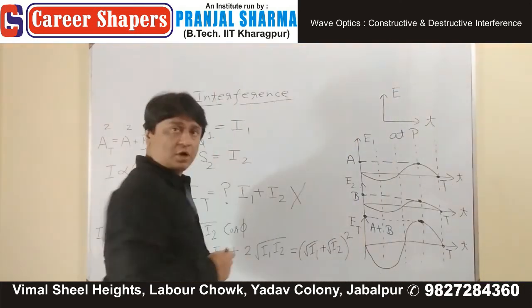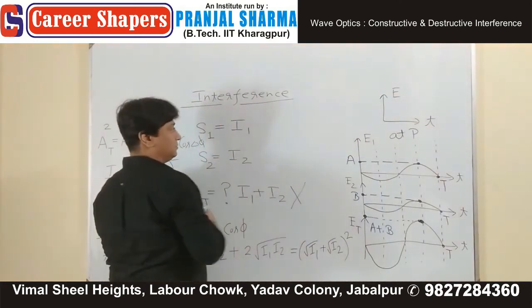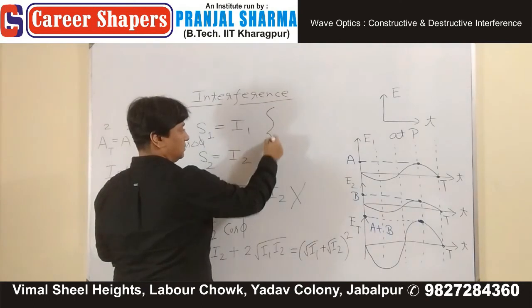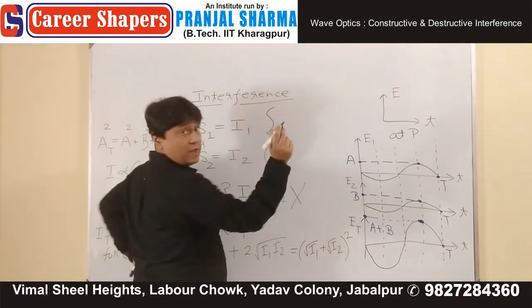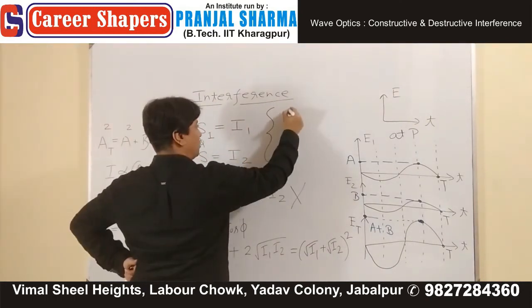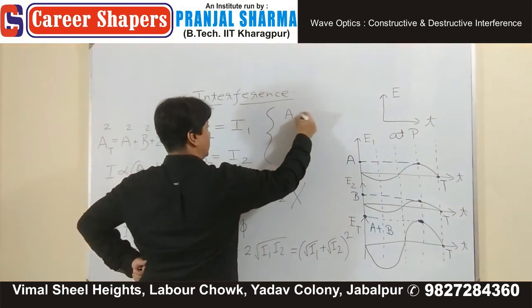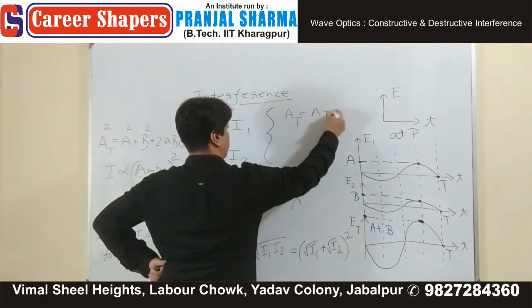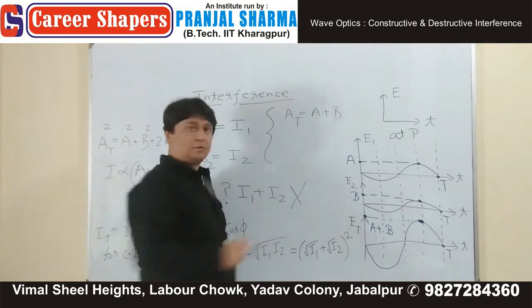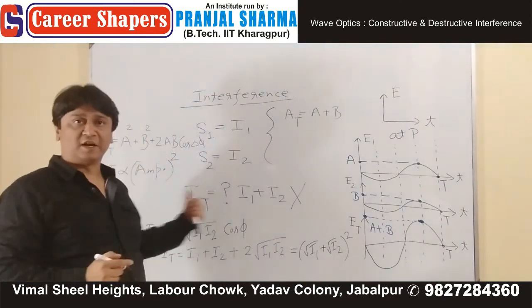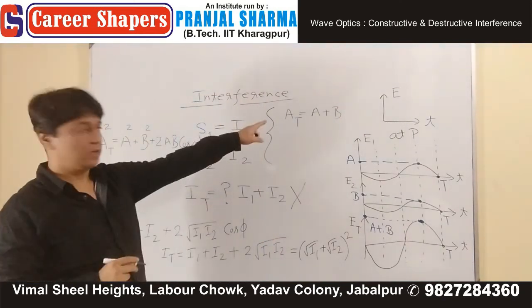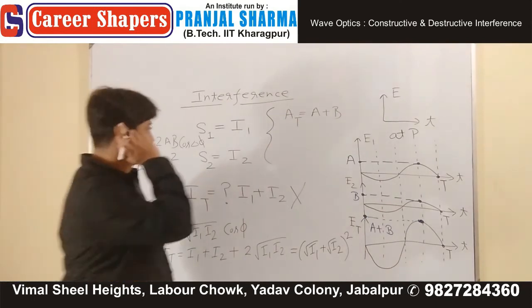Or you could have used a direct shortcut. What is that shortcut? Look here. We know that A total is A plus B during constructive interference. Remember, the shortcut is for constructive interference.